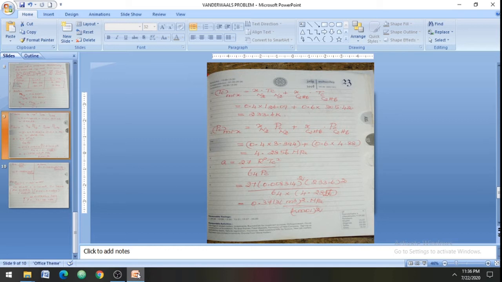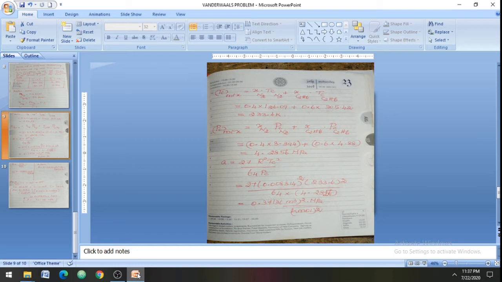Similarly, Pc mix is x nitrogen Pc nitrogen plus x C2H6 into Pc C2H6. From the table you take the values of Pc nitrogen and Pc C2H6. Then we have the mole fraction values for nitrogen and C2H6. Substitute all the values, and we find the answer, 4.2856 megapascal.